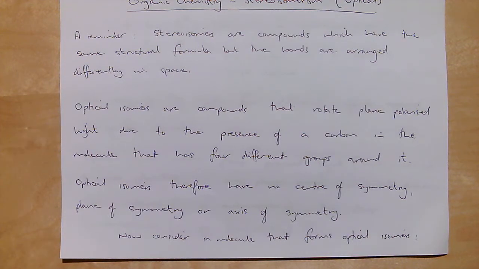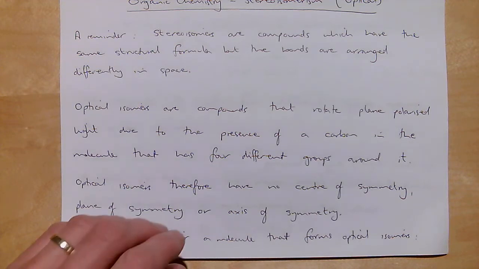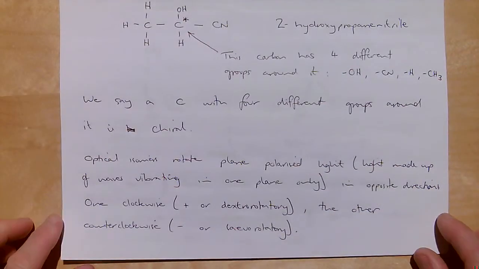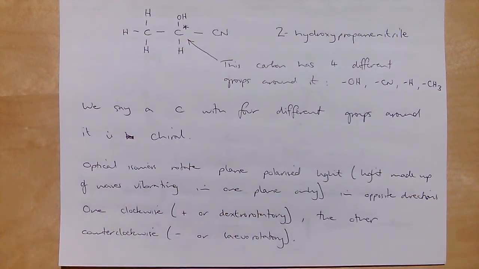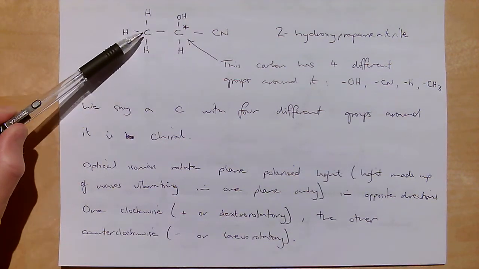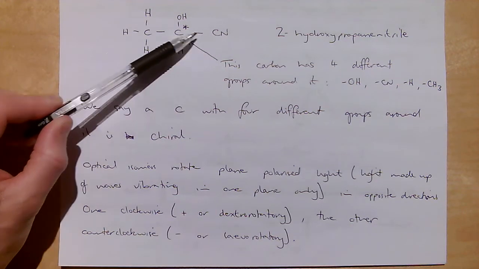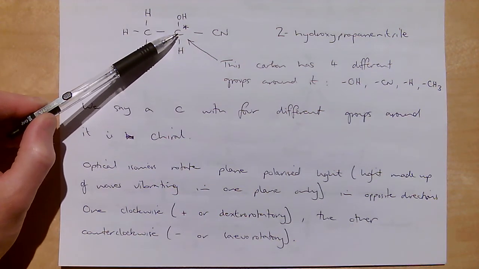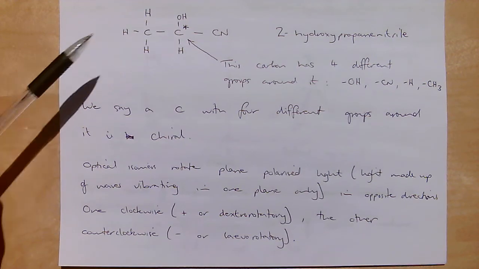Right, so what we're going to do now is consider a molecule that forms optically active isomers, or optical isomers. It's this compound here, 2-hydroxypropane nitrile. So meth, eth, prop, it's propane nitrile, and then I've got an OH group on the second carbon, so it's 2-hydroxypropane nitrile.